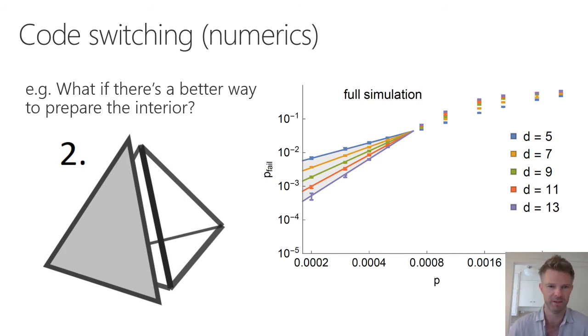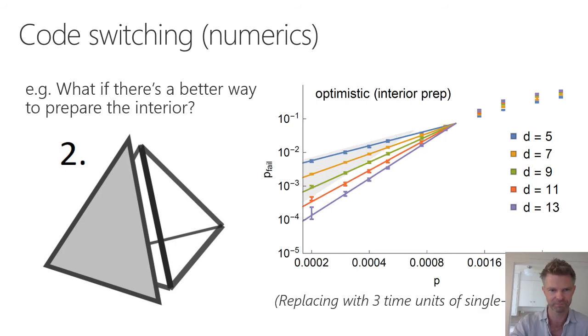So it was in fact a preparation where the noise was completely independent, no correlations, there were no circuits, and it was just 3 rounds of idle steps, which is the minimum amount of time that would be required, because each qubit is involved in 3 stabilizers, so we knew that at least 3 steps would be required to produce this state. Okay, so when you do that, the performance that you measure improves.